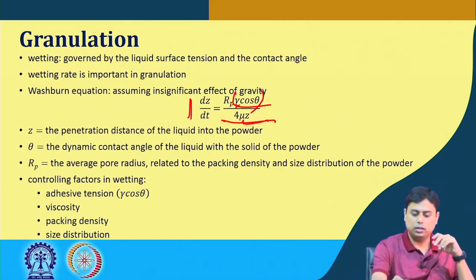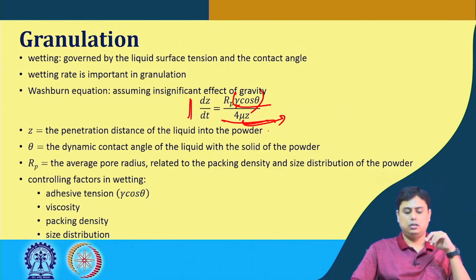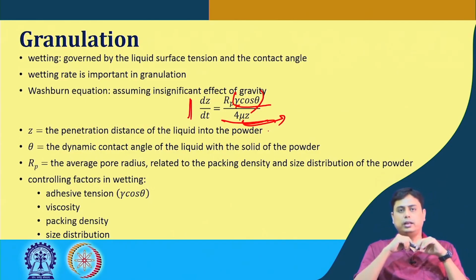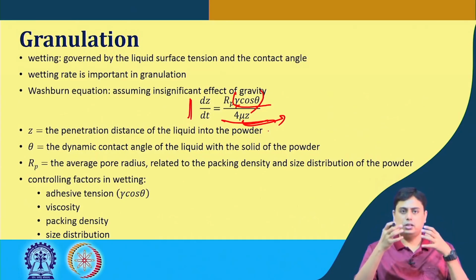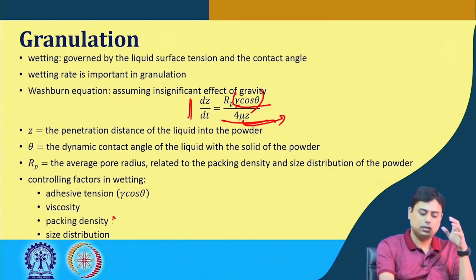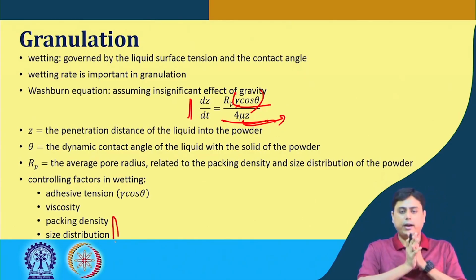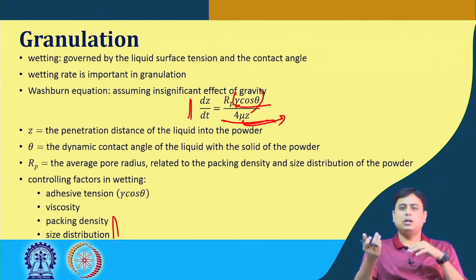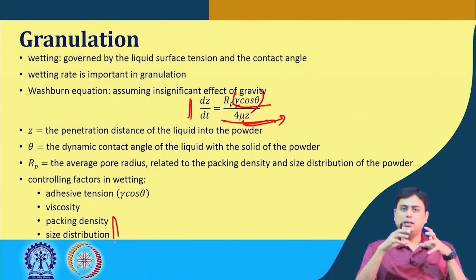Then we have viscosity, and the other thing depends on the particle size, which basically dictates the packing orientation, size distribution or the packing density. All these things depend on the finer or original particle sizes that make the cluster of particles or the size enlargement. So, these are the controlling factors in understanding the wetting behavior of the materials.